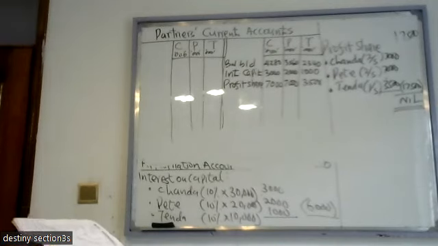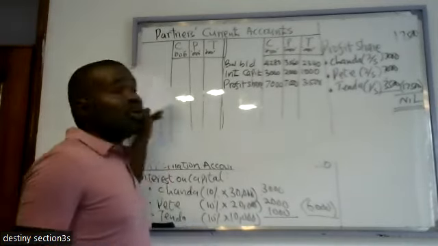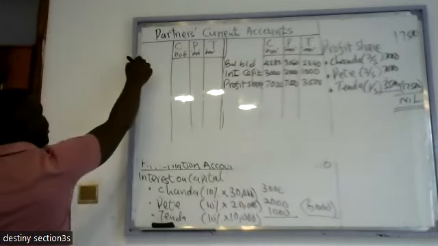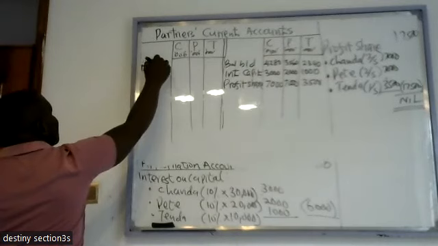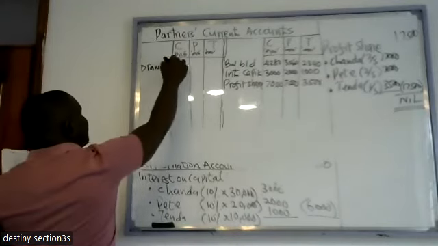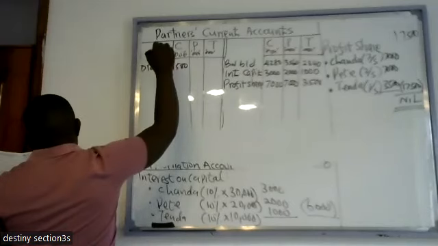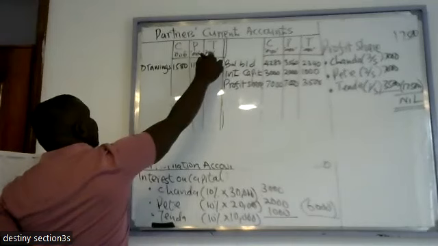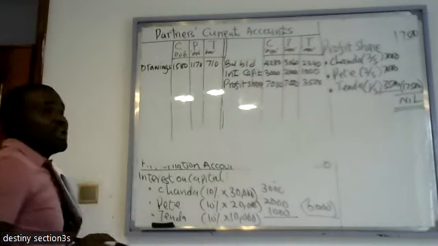Then there were drawings. So drawings, you debit the account to reduce. So you say here drawings, 1580, 1170, 710. Simple as that. We are done with that account.